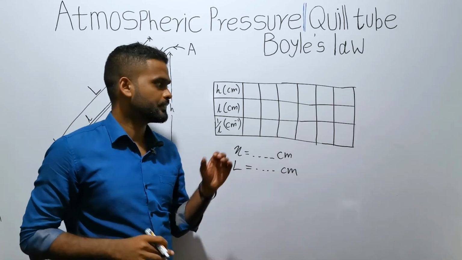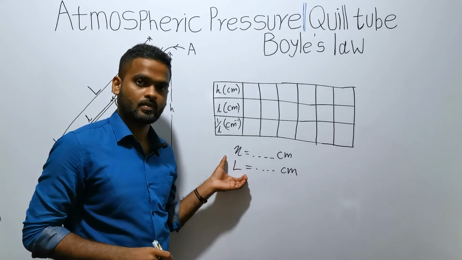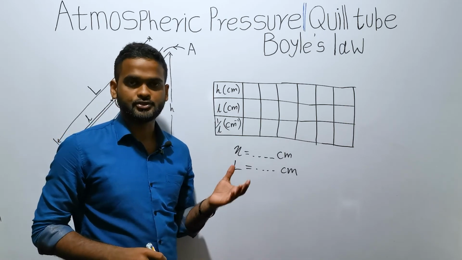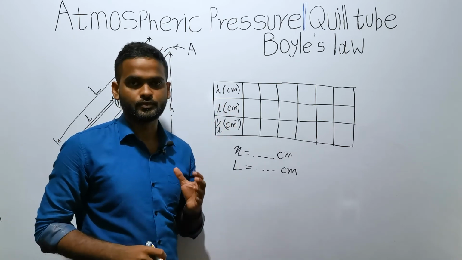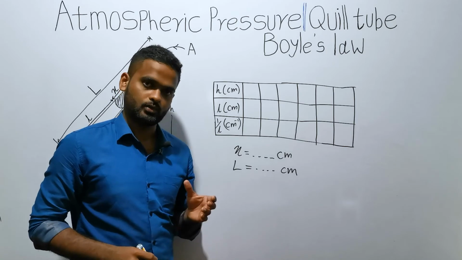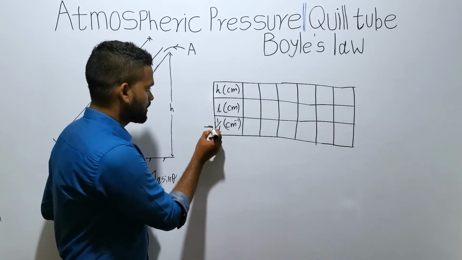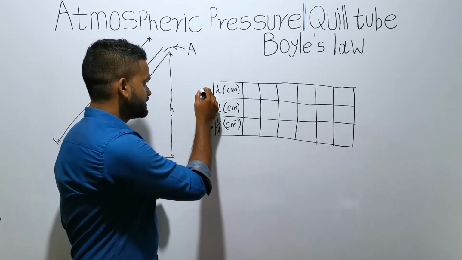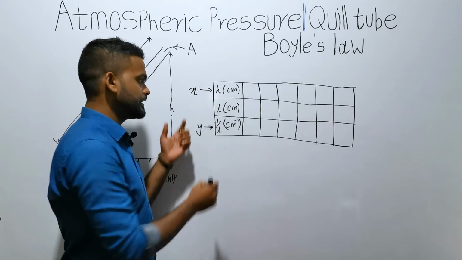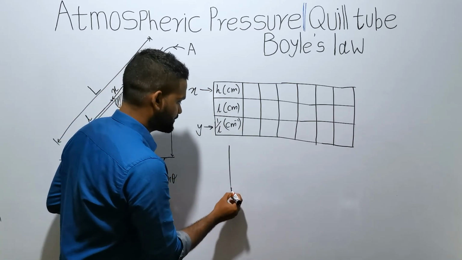So using the values in the table and these two values, we can find the atmospheric pressure, and also those values can be used to verify Boyle's law. As I explained before, 1 over L is the y variable and this h is the x variable. Then you can get this graph.